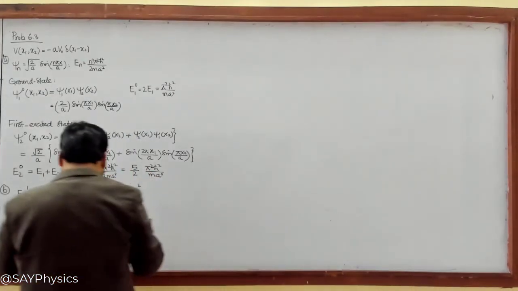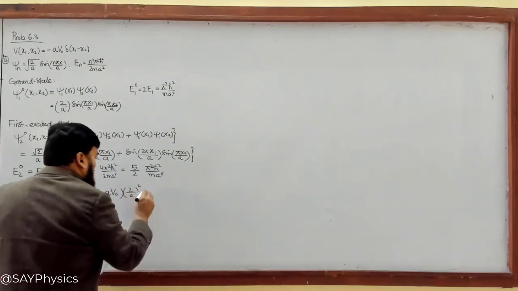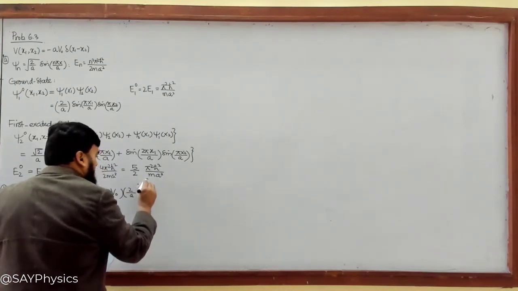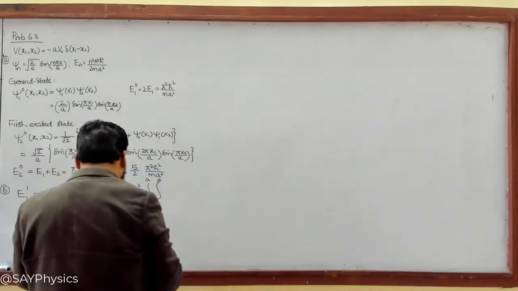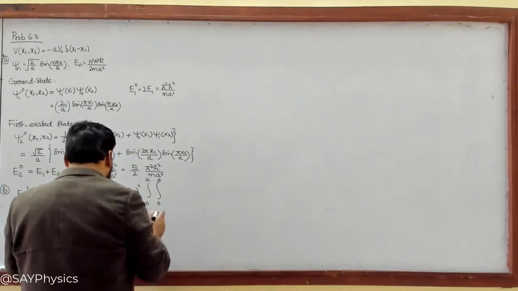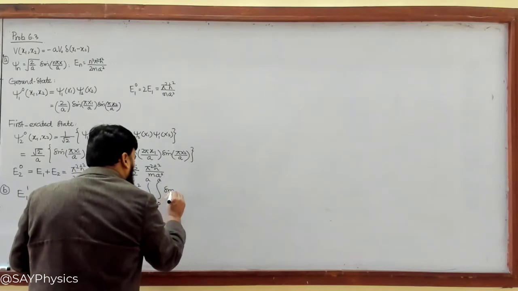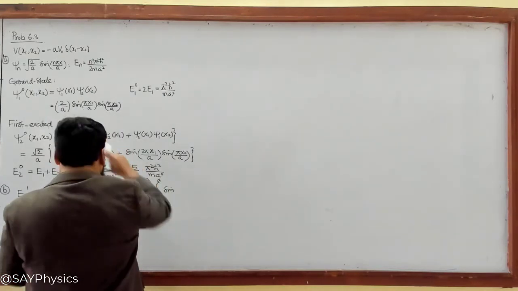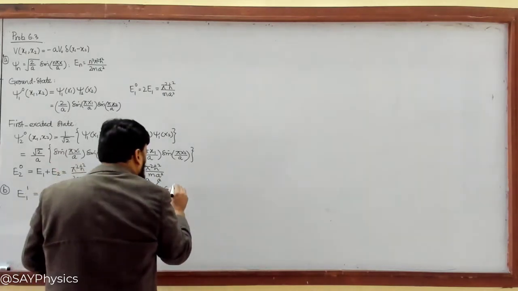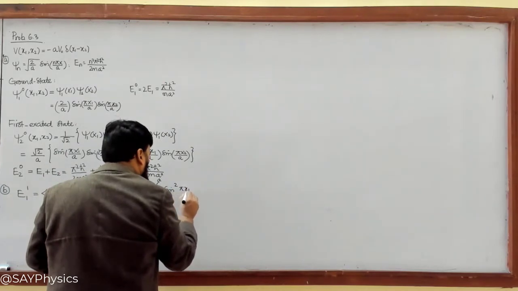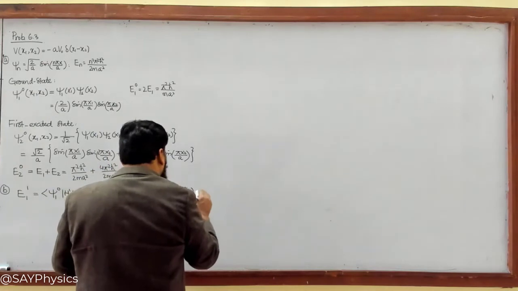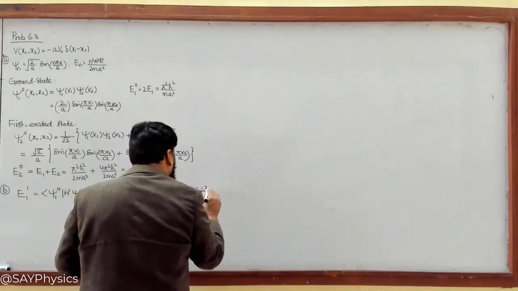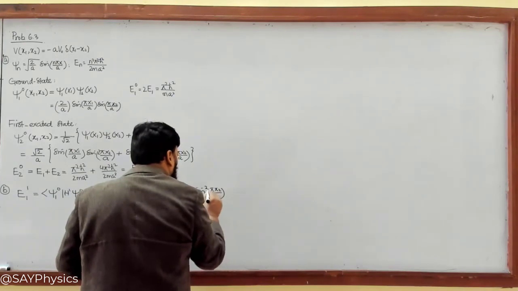And then I will write an integral from 0 to a, and another integral from 0 to a, because there is x1 and x2, and this will be sine square pi x1 over a and sine square pi x2 over a.